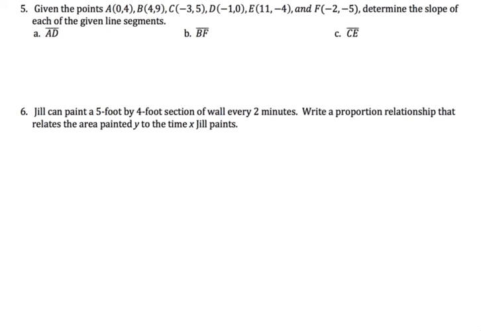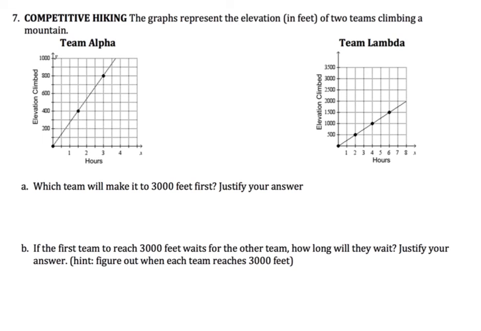Number 6 is a unit rate problem. You're doing a proportional relationship to find the area. Actually, you're just writing the proportional relationship. This is just going to be your y equals mx once you find the unit rate or slope. Number 7 is about 2 hiking teams that are going up to 3,000 feet.